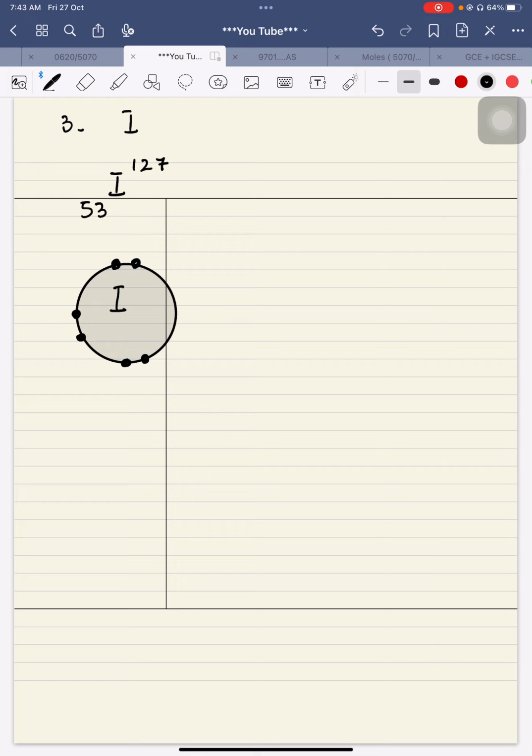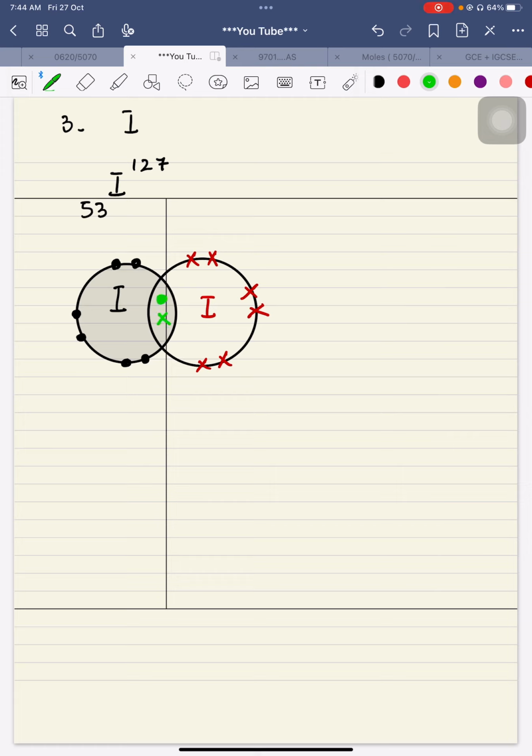And there is one electron in the sharing region. Let's draw it with the red color. This is I, the iodine, and these are its electrons. We can draw the electrons in the sharing region, one with the green color and the other with the green.